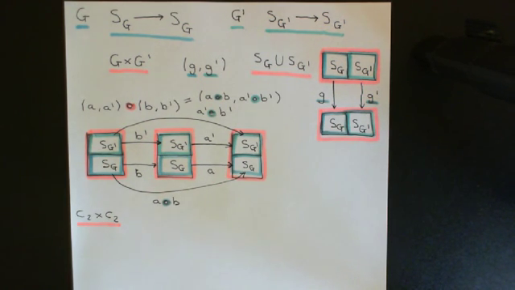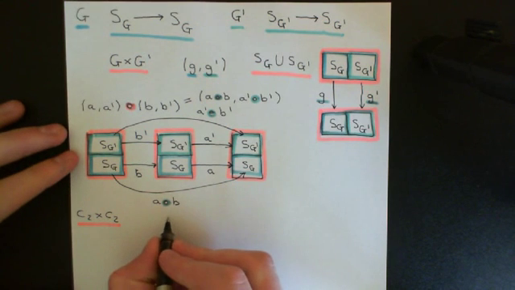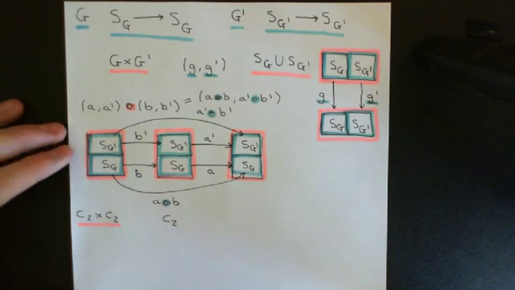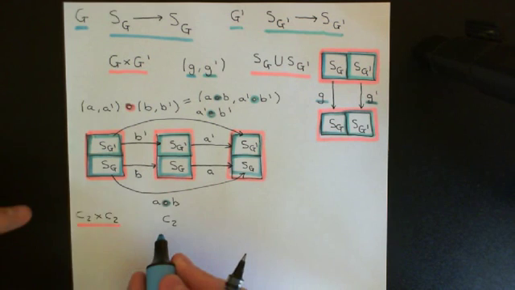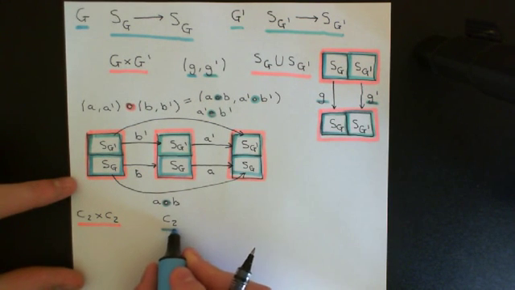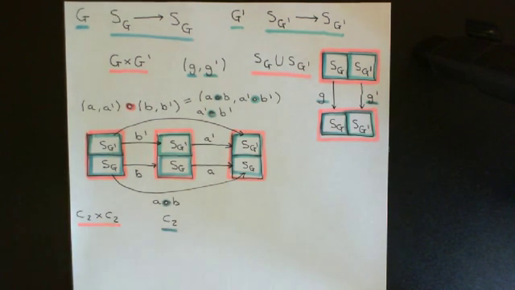Okay, right. So first let me just remind you of what C2 actually means. This is the cyclic group of permutations on a set of two elements. It consists of two elements, and these two elements represent the cyclic permutations of a set of two elements.